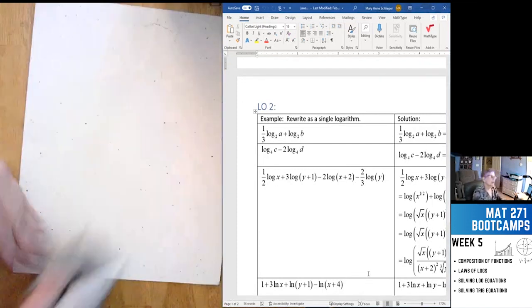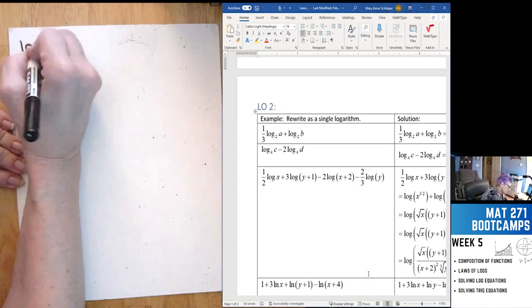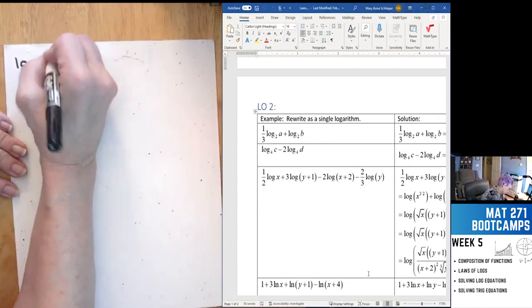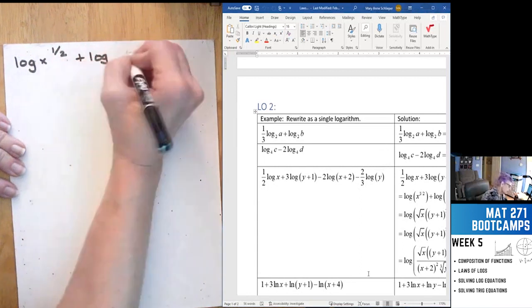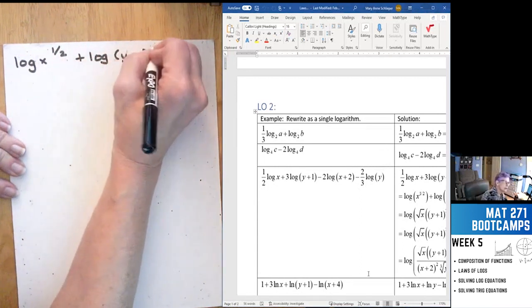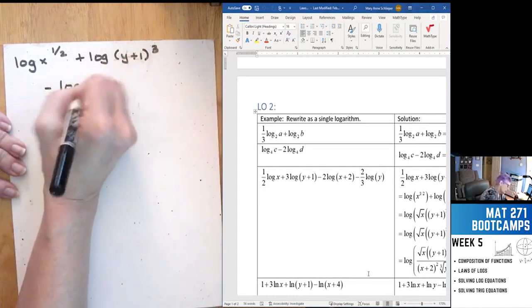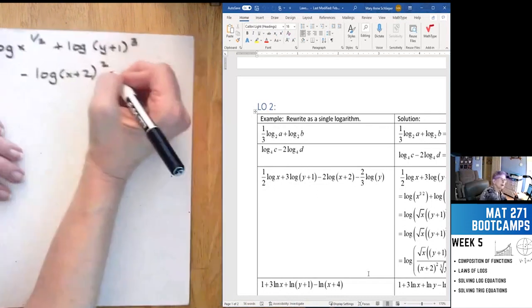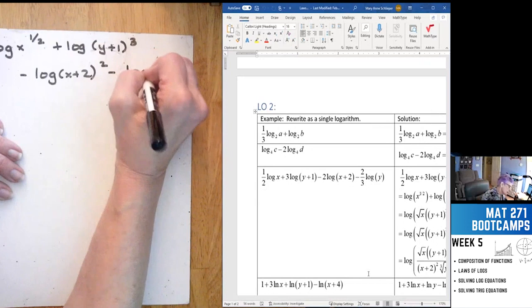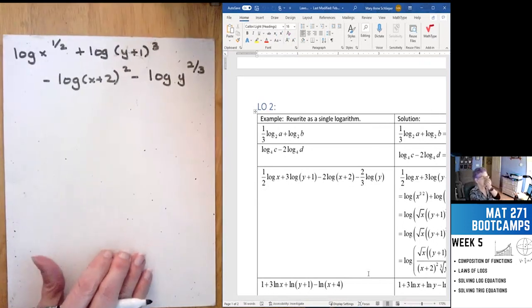So when you're going in this direction, the first thing you do is make all of your coefficients into exponents. So log of x to the 1/2 plus log of y plus 1 cubed minus log of x plus 2 squared minus log of y to the 2/3.